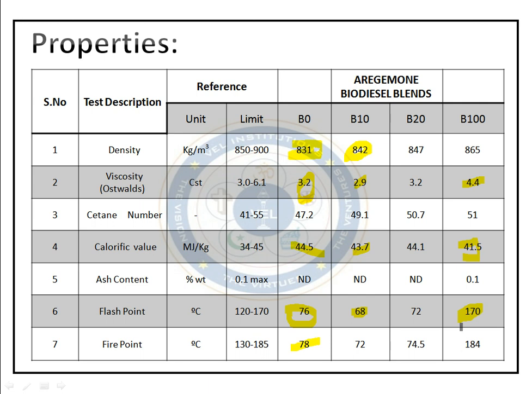For Argemone biodiesel it's 184, but for B10 it's 72. Here we can conclude that if you go for the B10 blend, we have almost the same properties as diesel. Then we are not going to face the challenges we face with other oils.